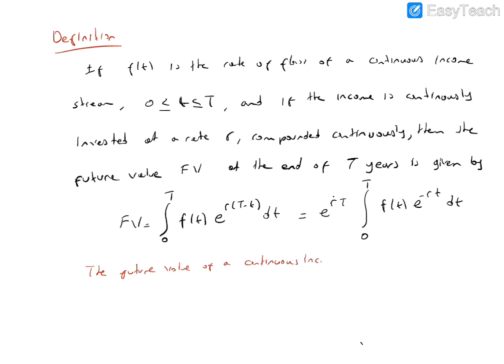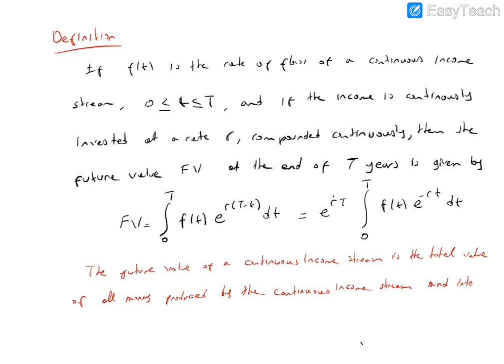Okay, so let's emphasize: the future value of a continuous income stream is the total value of all money produced by the continuous income stream and interest at the end of the T years.